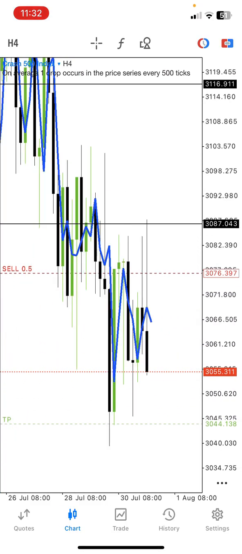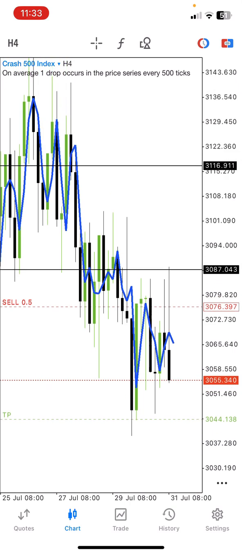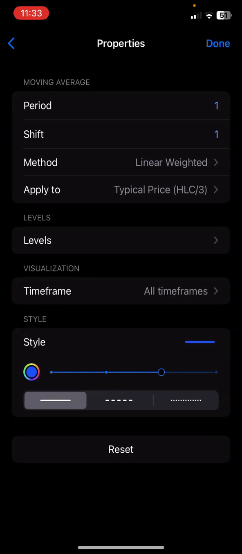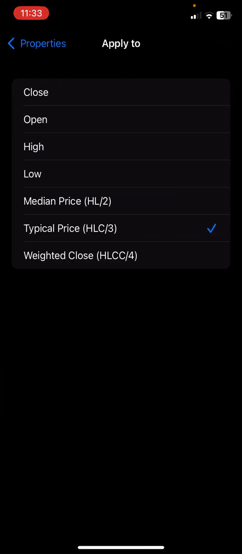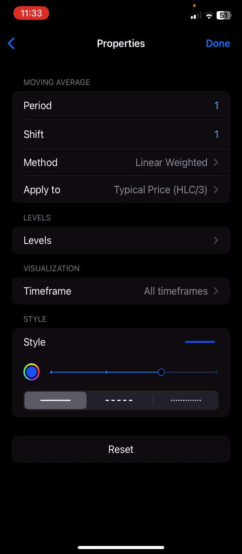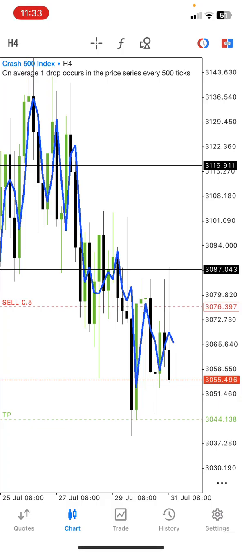Now, what this does is it gives you, I think it's not giving us exactly what I'm looking for. Let me check. Let me use, is this typical price? Typical price. Okay. Let's use simple. Done. Still not giving us what we really want.